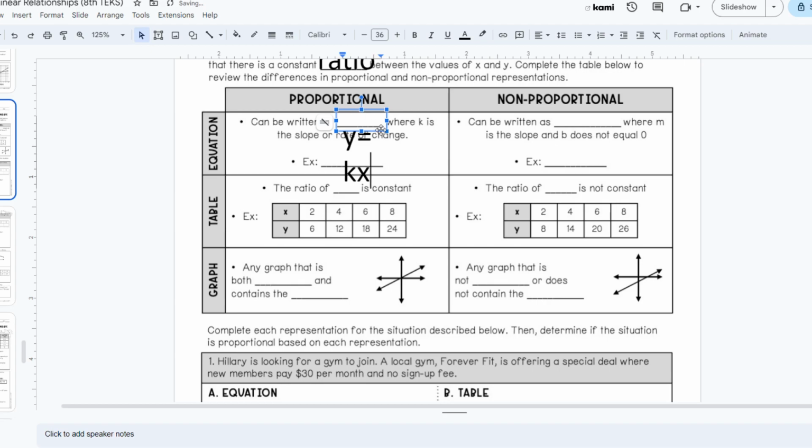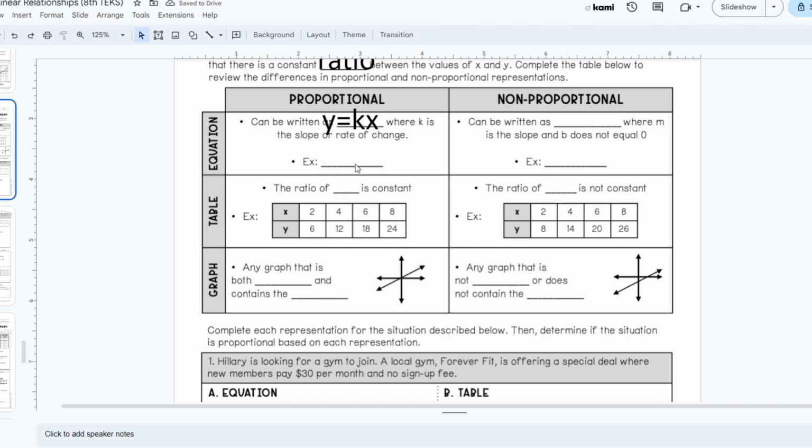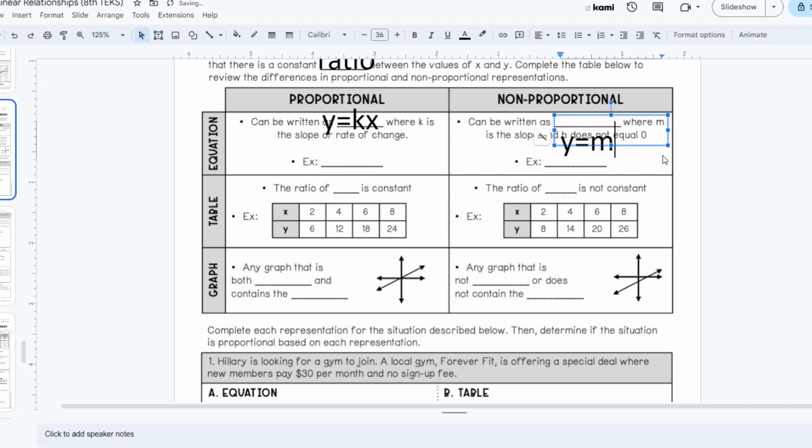Now, it's the exact same equation, they just replace m with k, where k is the slope or the rate of change. Non-proportional, hopefully you know this one, can be written as y equals mx plus b, where m is the slope and b does not equal 0.